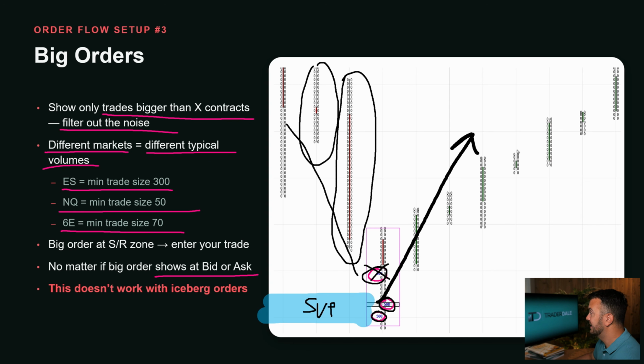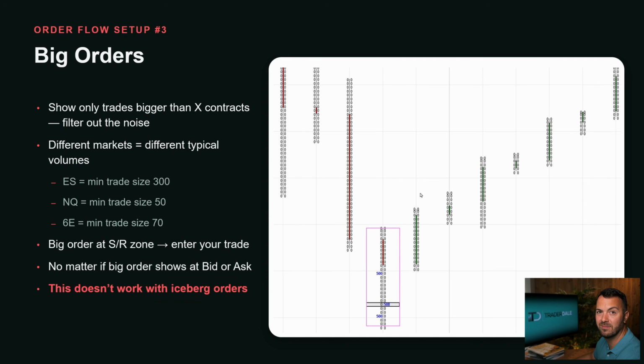Now, as I said, this doesn't work with iceberg orders because iceberg orders are orders that are split into multiple smaller orders, so we can't identify the big order. That's what the big guys do. They use iceberg orders. But if they don't, if they just trade with big orders like those, we can track that. We can see that they're reacting to our support or resistance zone, and we enter our trade. That's our confirmation. Okay?